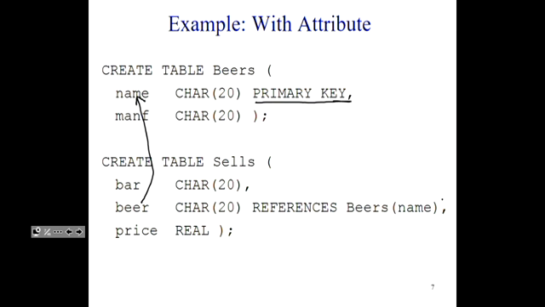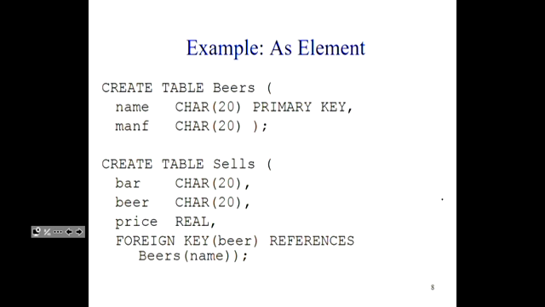So you're saying that beer char 20 references beers in parenthesis name. It's fairly straightforward. It's just saying that these set of values need to derive from these set of values, and I need to be able to point precisely to one of those values in the beers relation.